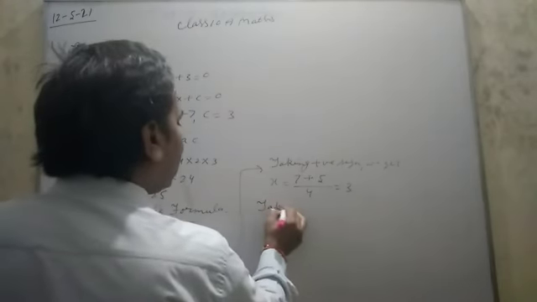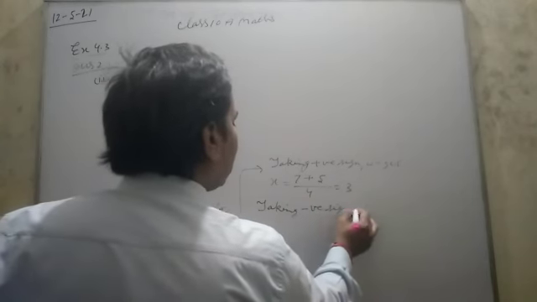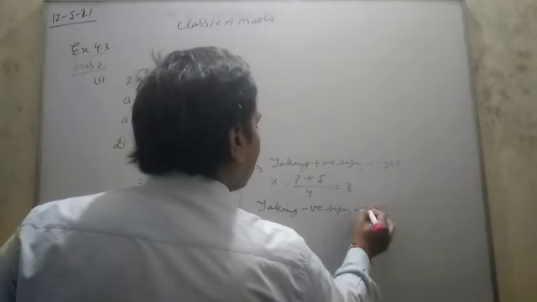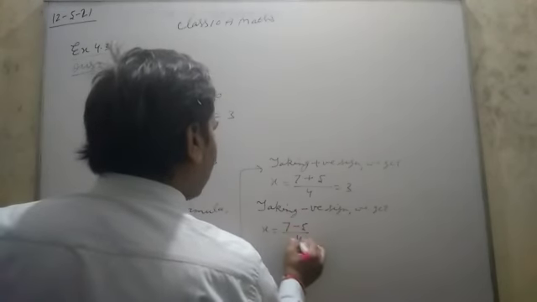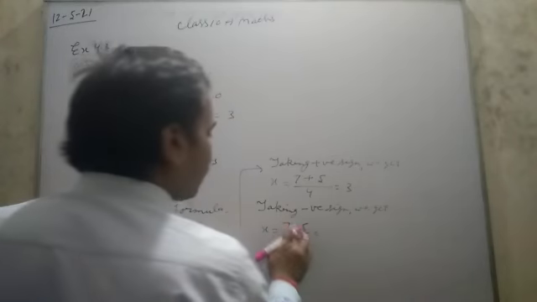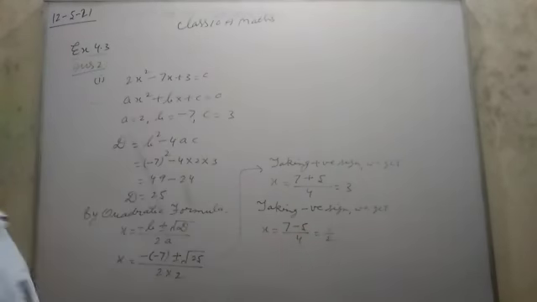Then taking the negative sign, x is equal to 7 minus 5 by 4, so 2 by 4 is 1 by 2. So this will be the answer. The answer is the same, only the method is different. The remaining parts you can do like this. Then question number 3.